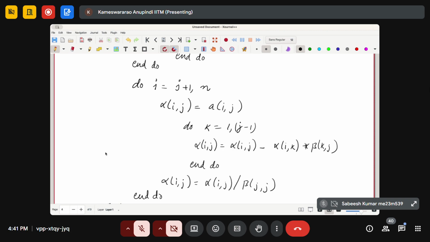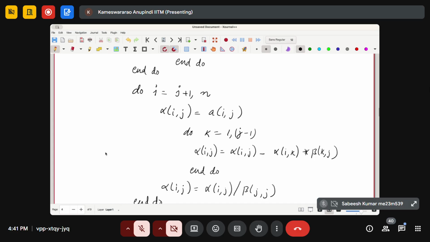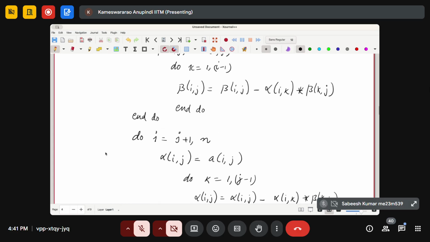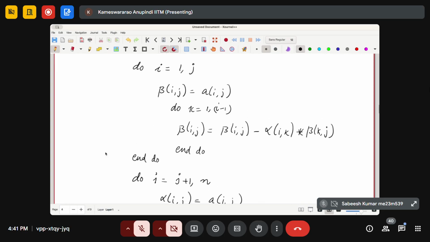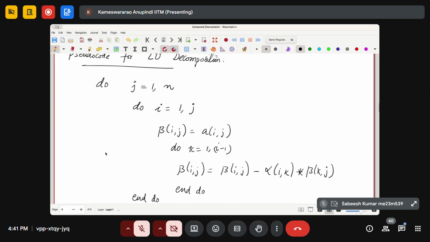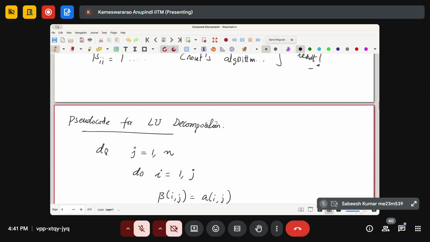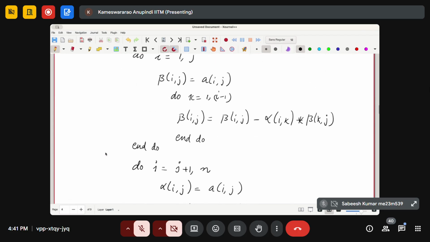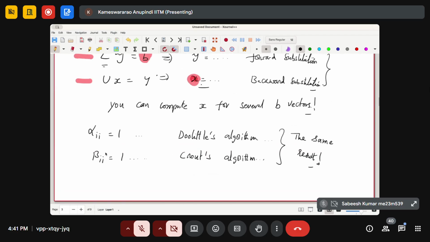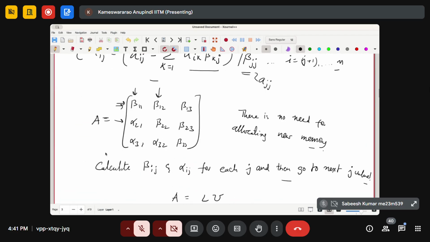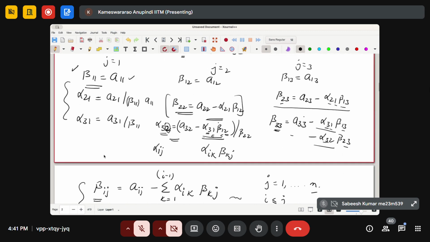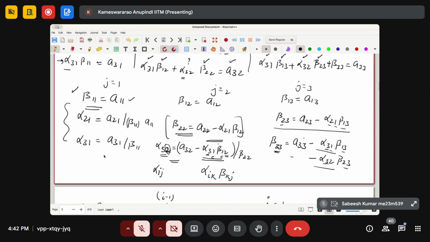Questions? So now we did it for, let's say, 3 cross 3. When this size increases, maybe there can be new conditions or some things which might get added. For example, some positions did not have subtractions.